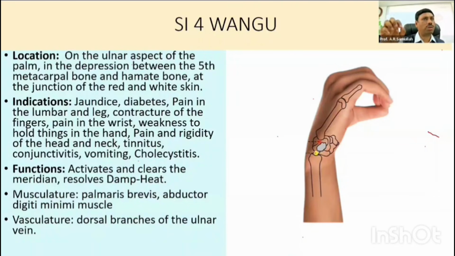This point belongs to the source points, whereas SI3 is equivalent to Yang GB38. SI3 is the wood point, indicating taking energy from the gallbladder.